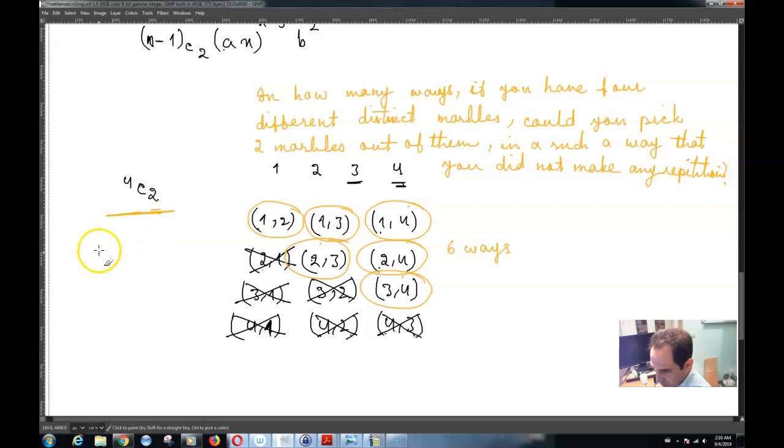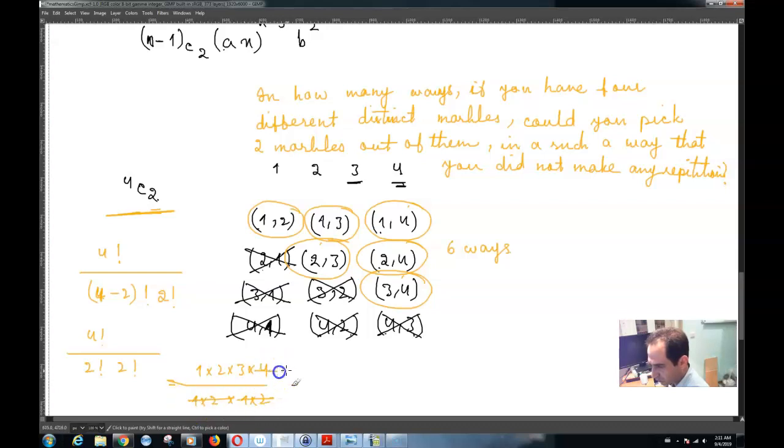It is calculated as 4 factorial over 4 minus 2 factorial times 2 factorial, which is the same thing as 4 factorial over 2 factorial times 2 factorial, which is the same thing as basically 1 times 2 times 3 times 4, over 1 times 2 times 1 times 2.